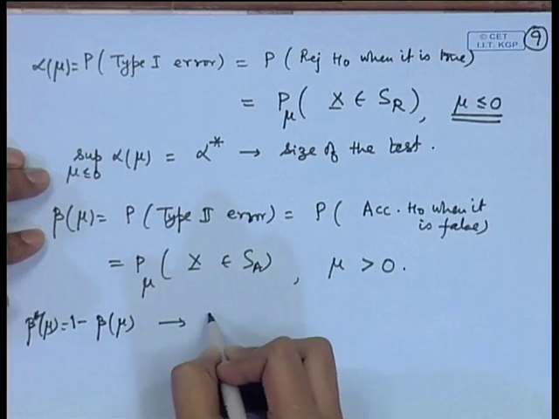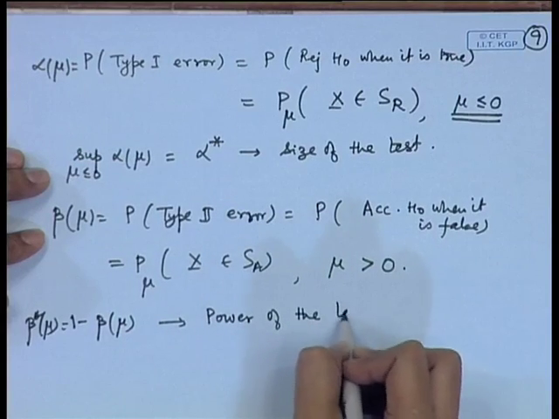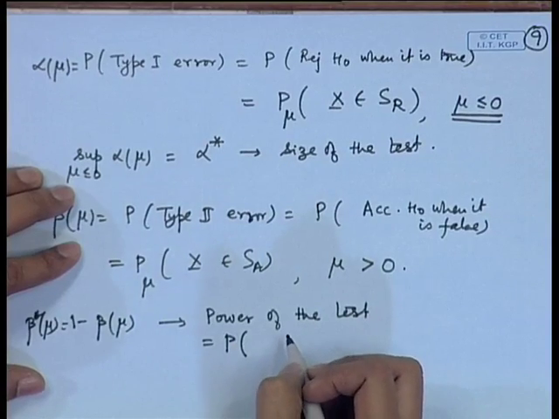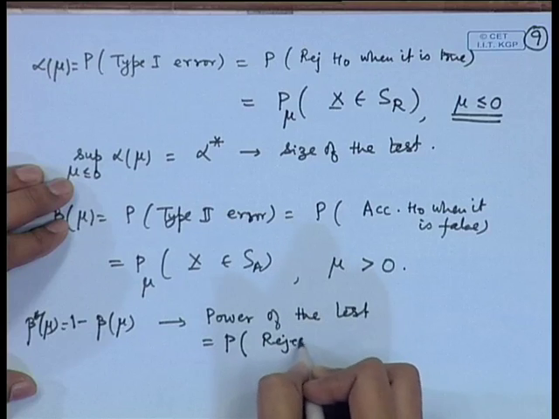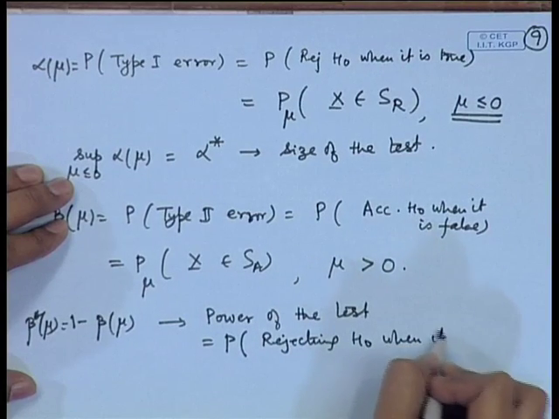This is called the power of the test, that is the probability of rejecting H naught when it is false.